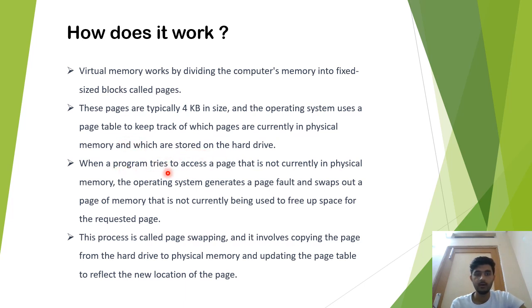When a program tries to access a page that is not currently in physical memory, the operating system generates a page fault and swaps out a page of memory that is not currently being used to free up space for the requested page. This process is called page swapping, and it involves copying the page from the hard drive to physical memory and updating the page table to reflect the new location of the page.